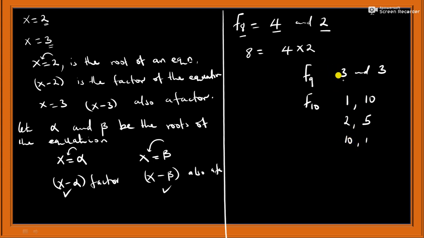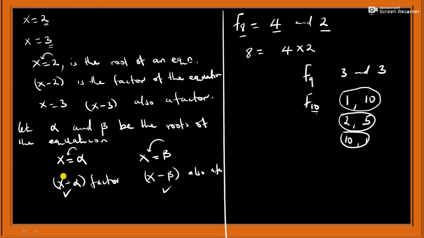Now when you see this, you realize that if I get the product of these two factors, I get exactly 10. So there's a relationship between the factors and the original function.